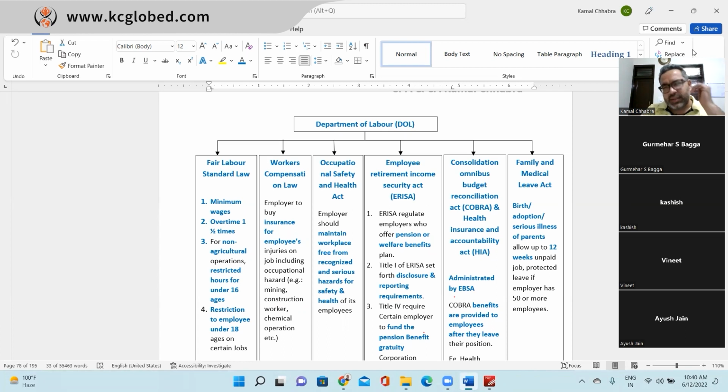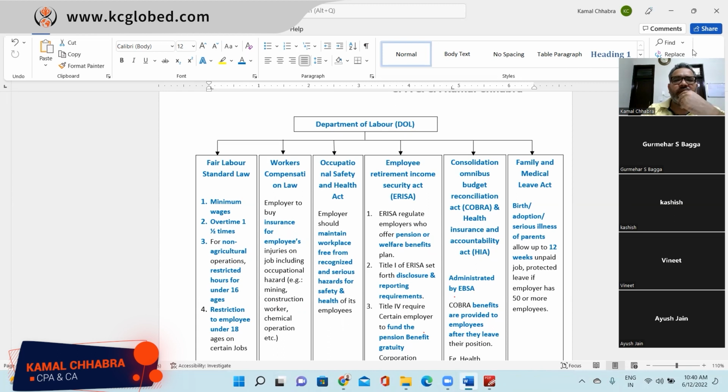But for our CPA education, CPA study purpose, and CPA practice purpose, there are only these 5 or 6 laws which are more relevant for us. First one is Fair Labor Standards Law. Second is Workers Compensation Law. Third is Occupational Safety and Health Act. Fourth is Employee Retirement Income Security Act.